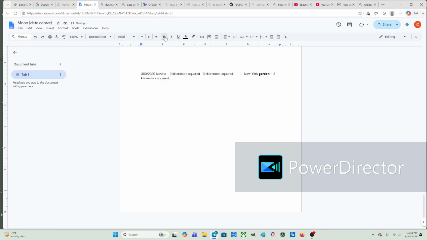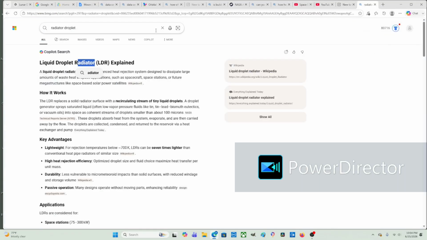I've never been to that place before, but if this place is 2 kilometers squared, that is a very large distance in terms of length and width. And if this radiator needs to be that big for about 300 kelvins, that's insanely large.